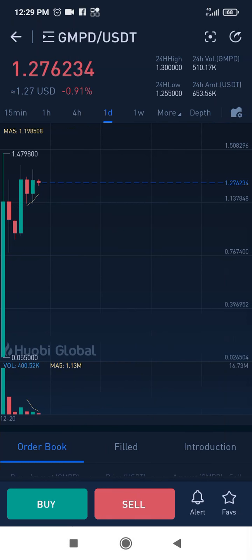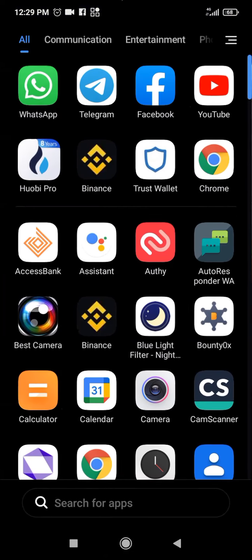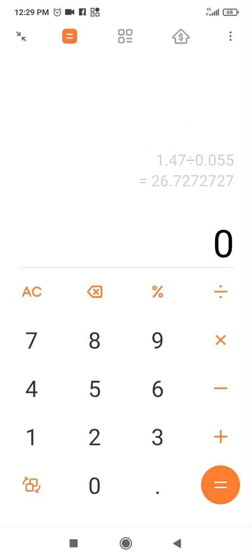So when you look at this, we bought this token at 0.055. I sold at around 1.15, if I'm not mistaken. Let's assume that you also sold at 1.15 and bought at 0.055.